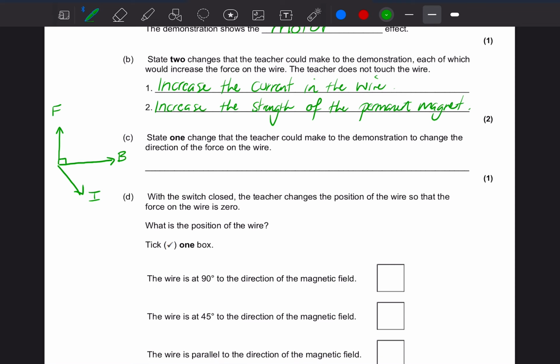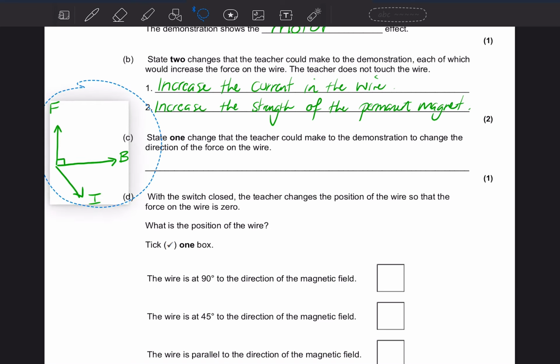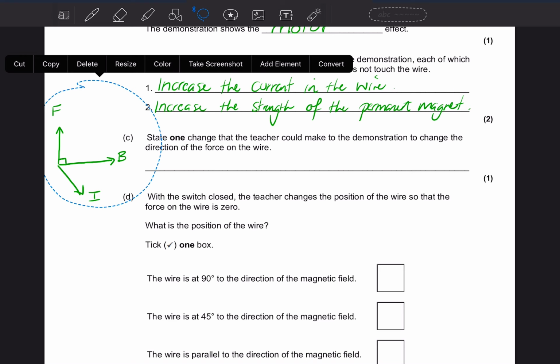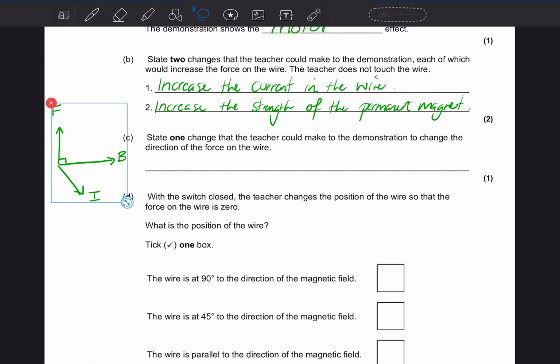So if we want to change the direction of the force, then we have to change the direction of B, the magnetic field flux density, so basically the direction that the magnetic field is flowing, and they always flow north to south, so we just switch the magnet around. Or we change the direction that the current is flowing. Now I should be able to demonstrate that with a little bit of something I can do on the iPad. If I resize, good, it gives me an option to rotate.